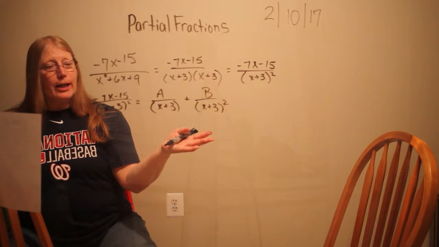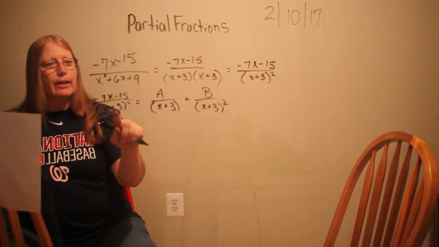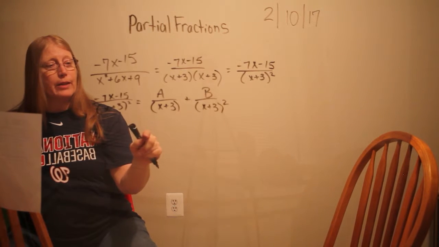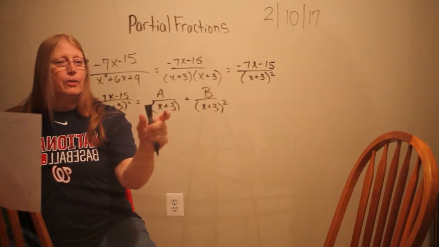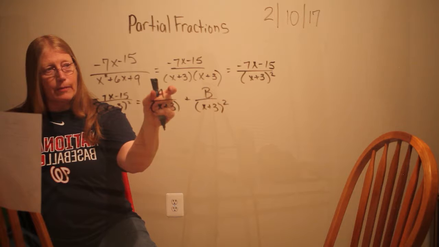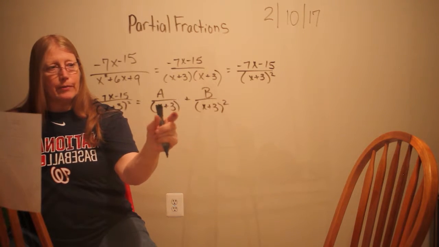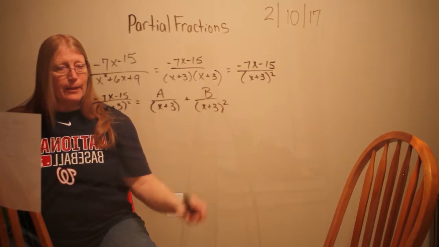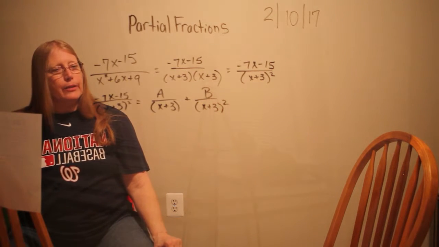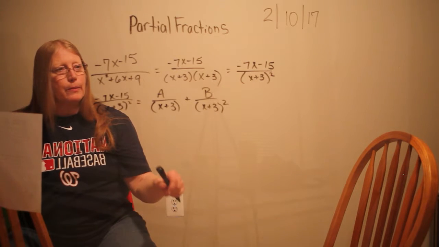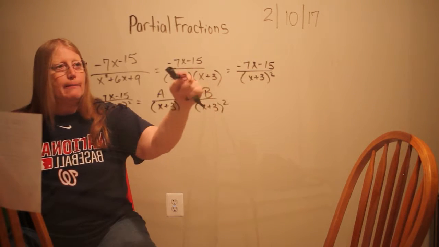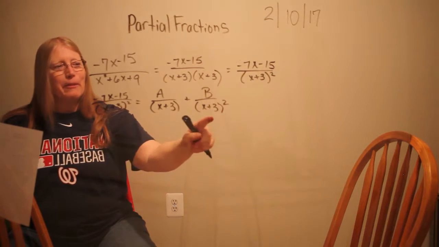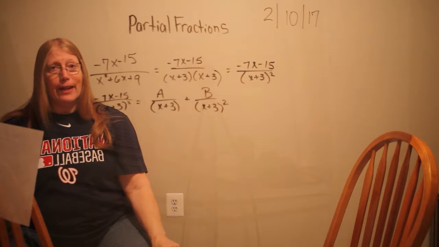It just works this way, so you just recall and remember that when you have a repeated factor, one that's squared or cubed or any factor here, then the a will be over the factor that is non-repeated, and then the second will be over the repeated part. So it's a little different than you might suspect. You might suspect it would be a over x plus 3 and b over x plus 3, but it won't work. So this is how we set it up with repeated factors.